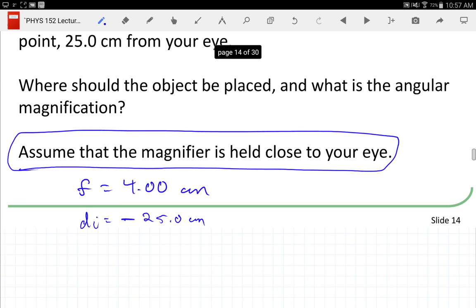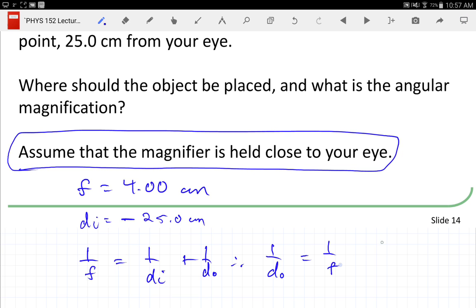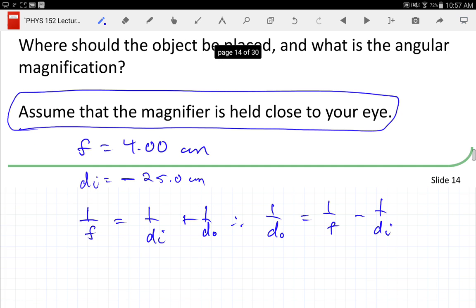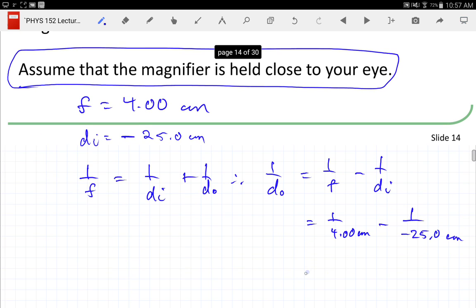Yeah. So we just say 1 over f equals 1 over distance image plus 1 over distance object. Therefore, 1 over distance object equals 1 over f minus 1 over distance image equals 1 over 4.00 centimeters minus 1 over minus 25.0 centimeters. We can actually do this one in our head because we're really smart. Common denominator is 100.